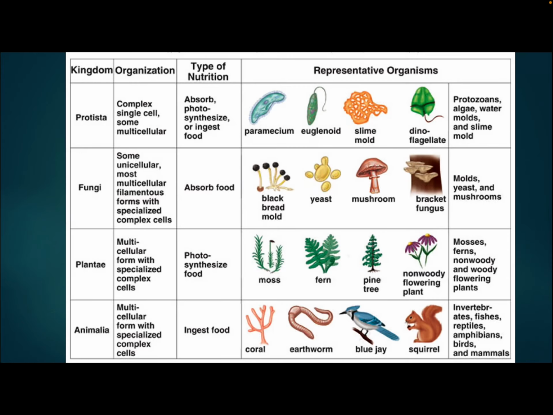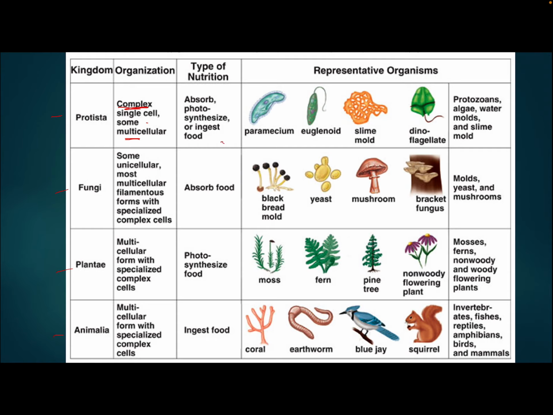All right. So here is a chart going through the four kingdoms of this Eukarya domain, that gives you examples. So in terms of the organism, the organization of the protistas, they're complex, but they are still single cell. Very few of them are multicellular. They absorb, they photosynthesize, or they ingest food.